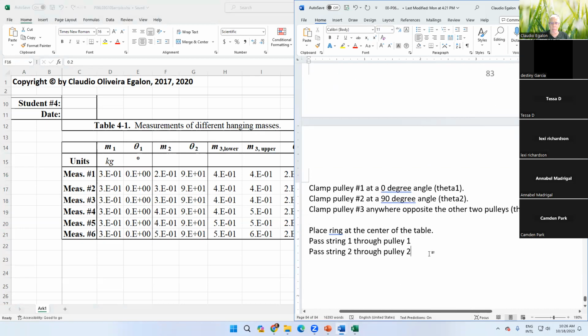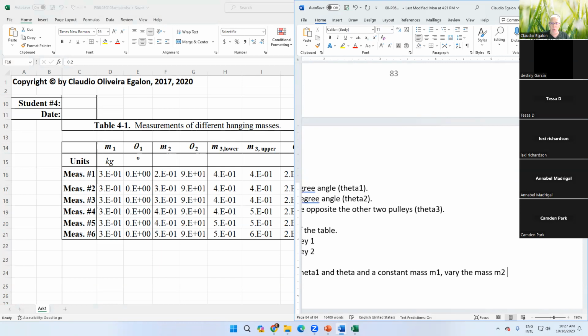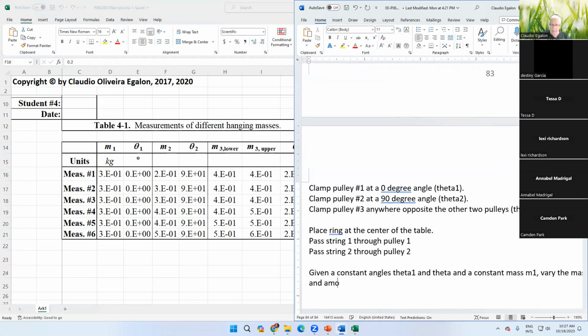Okay, the problem is the following. Given constant angles theta 1 and theta 2, and a constant mass M1, vary the mass M2 and find the angle and amount of mass M3 required to equilibrate the system.